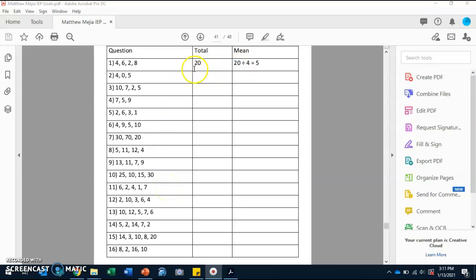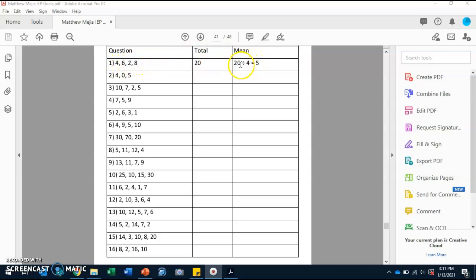So here, what they did in number 1 was that they added 4 plus 6 plus 2 plus 8, which gave them the total of 20. And then to find the mean, they got the total and they divided by how many numbers are here. So here there's 1, 2, 3, 4. So they divided by 4.